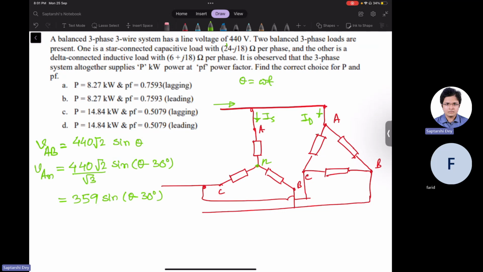Now, once you know VAN, we can find IS. So this load is 24 minus J18, which can be written as square root of 24 squared plus 18 squared, which is 30, angle tan inverse 18 by 24, 36.87 degree.